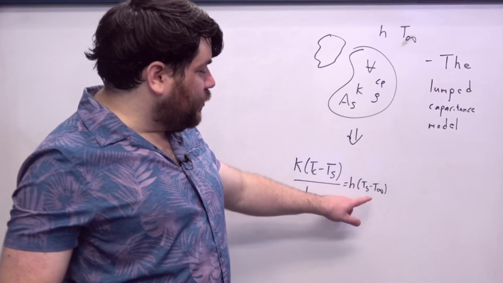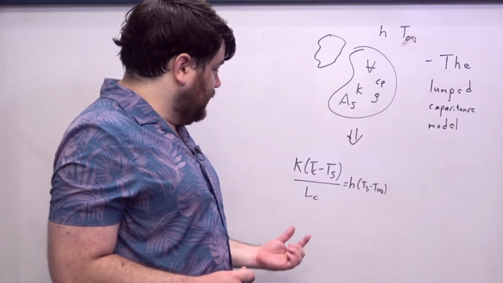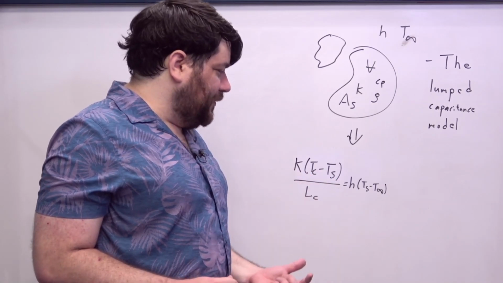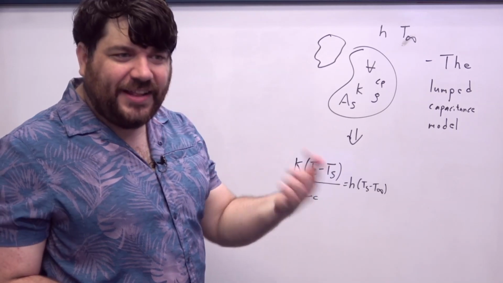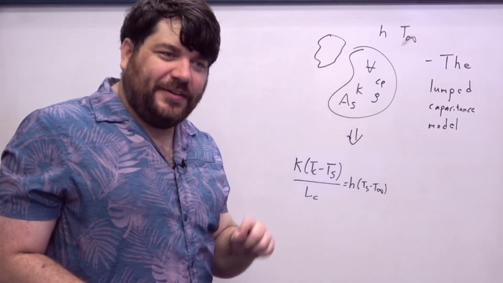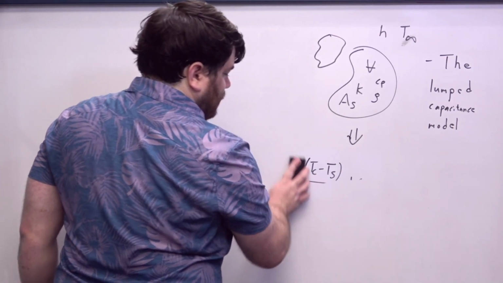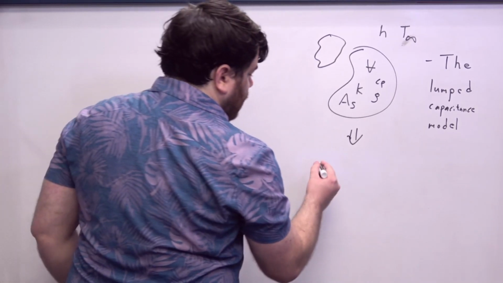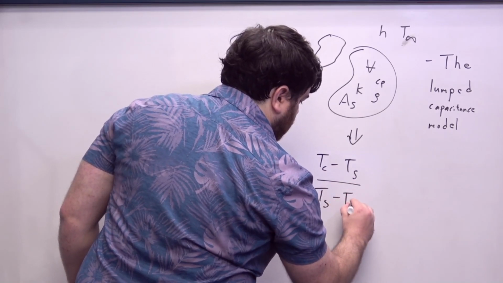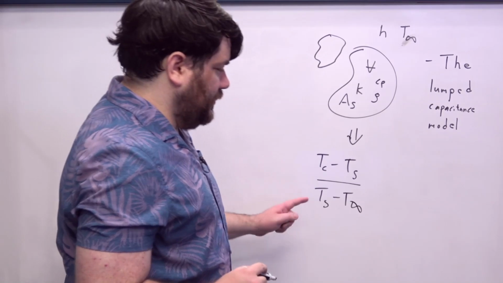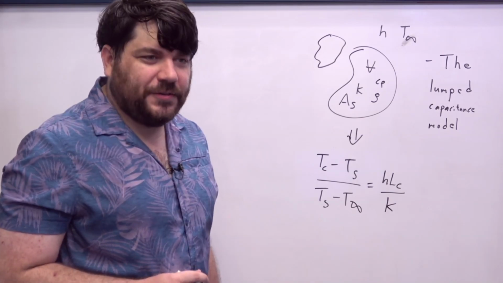And the comparative scale is being provided by this term right here. And so what we need to do now is not necessarily to check if this is small, but to check if the ratio of this and this is small. That's what will tell us whether or not the temperature differences inside of the object are negligible. And we can find, kind of surprisingly, that when we solve for that temperature difference, what we get is something which is independent of the temperatures.